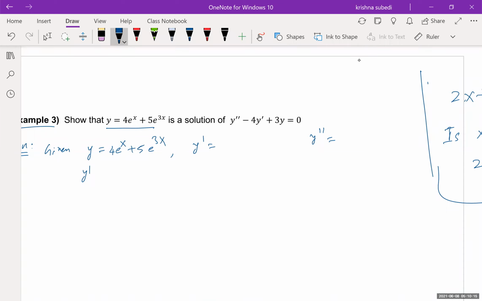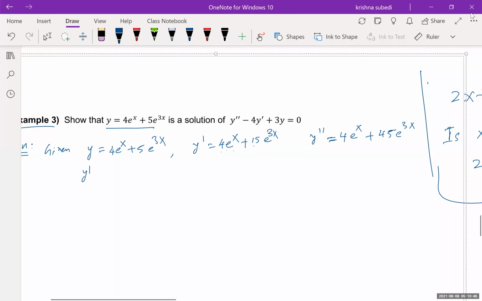First derivative will be 4e to the x plus 15e to the 3x. Now find the derivative of this again, which means derivative of 4e to the x will be 4e to the x, plus derivative of this guy will be plus 45e to the 3x. I trust that everybody knows how to find the derivative, and you have done that in your calculus 1.